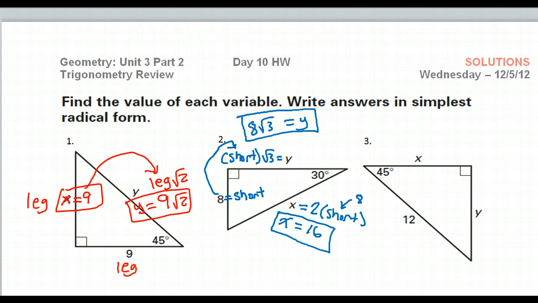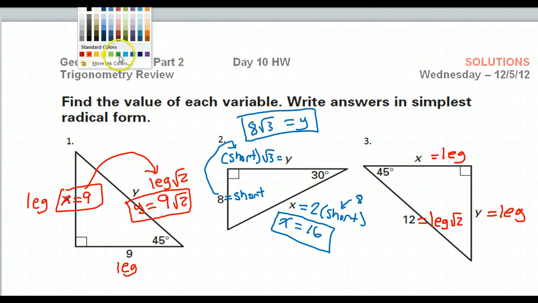Alright, now looking at number 3, I told you that this was leg and leg. So that means this hypotenuse is equal to leg radical 2. We will have to work with the 12 because that's the only thing that I've got.